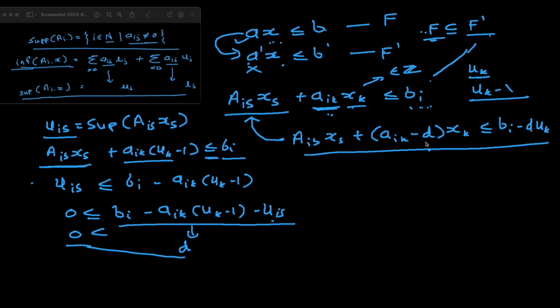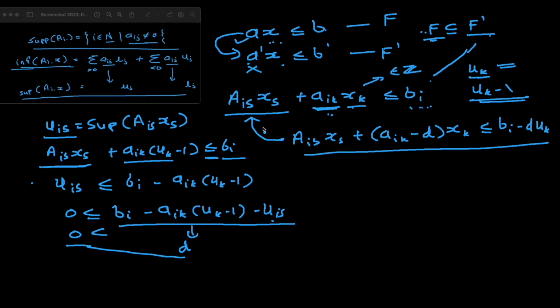So minus D times UK is the extra part, and here also we have minus D times UK, so they are both the same, right? So both of them will basically be the same constraint for xk equal to UK. Okay, and now what happens for xk equal to UK minus 1? What happens to this constraint? It will have similar things to what we did here.